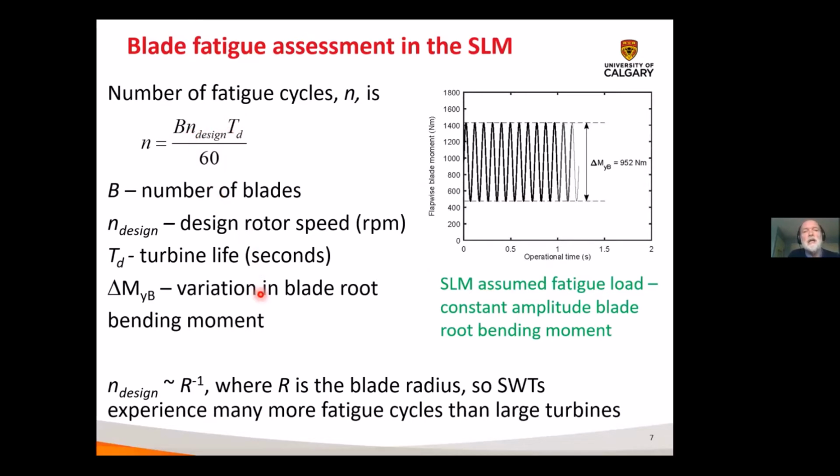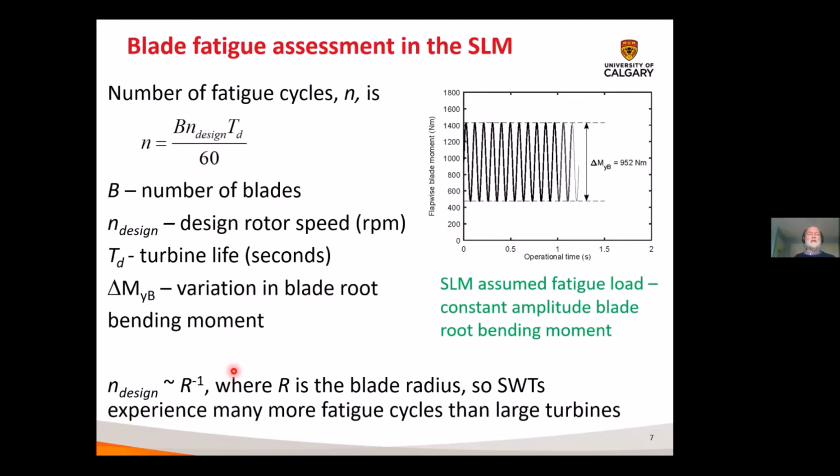And then in the simplified load model, there is a formula that gives the variation in the root bending moment. The simplified load model assumes a constant magnitude of the fatigue load, at a constant frequency determined by this equation up here.